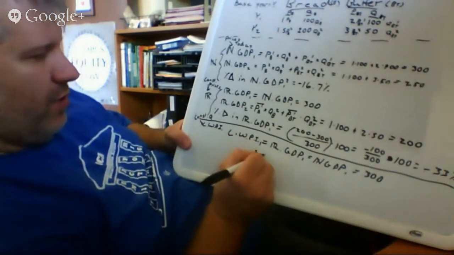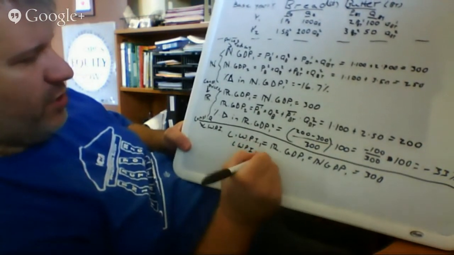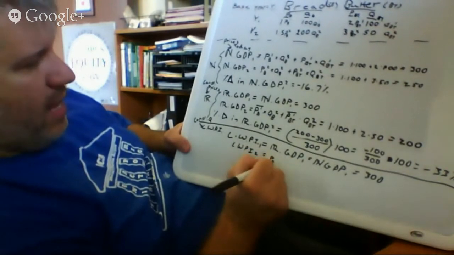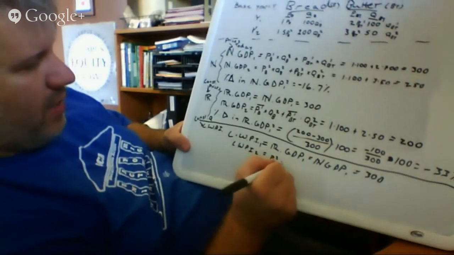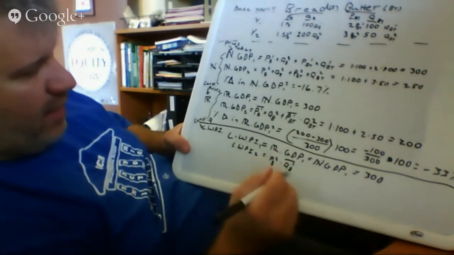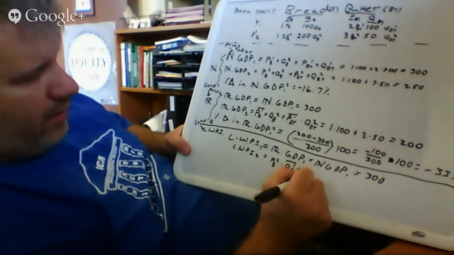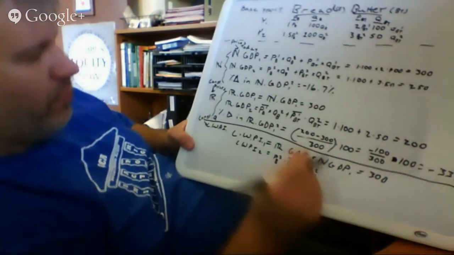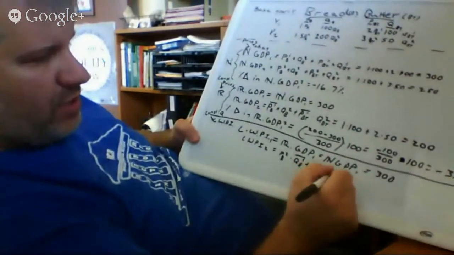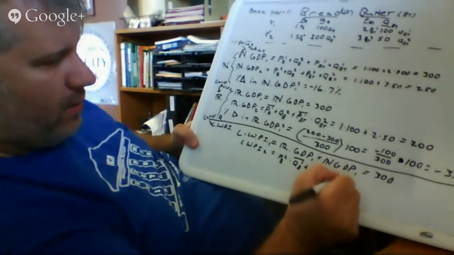For year two, it's equal to price bread in year two times quantity bread year one. Hold that constant, the quantities this time, plus price butter year two. Now we're seeing the price change, not the quantity change, times quantity butter year one.